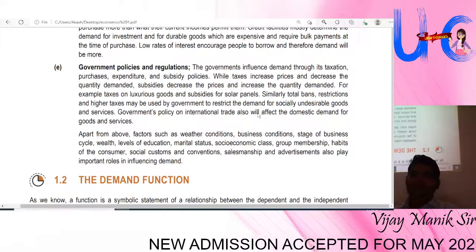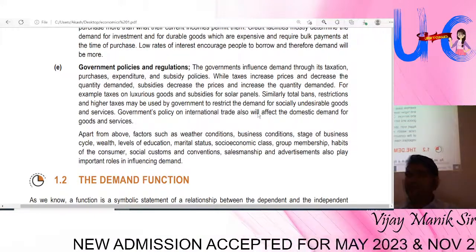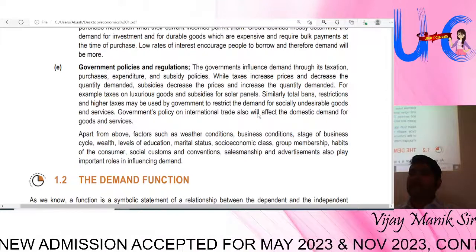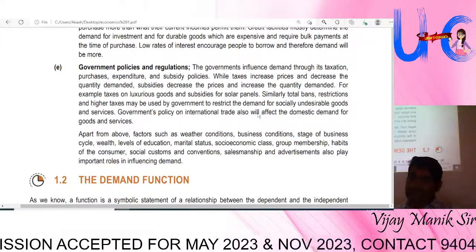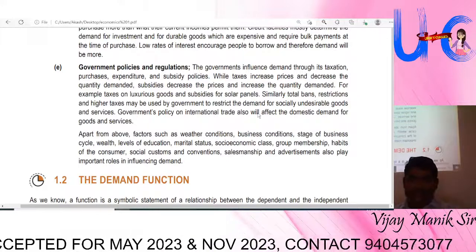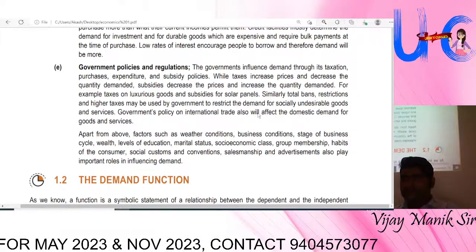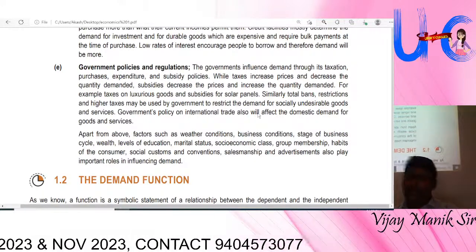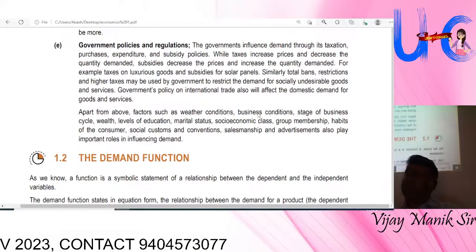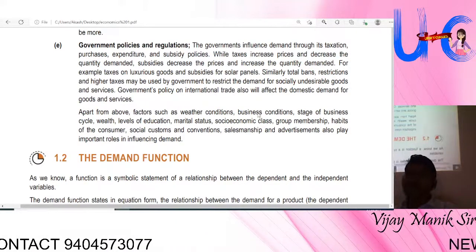Economics deals with hypothetical things, so this example is also hypothetical. Is that clear? Are you getting me? Such policies also influence people to purchase a particular thing.